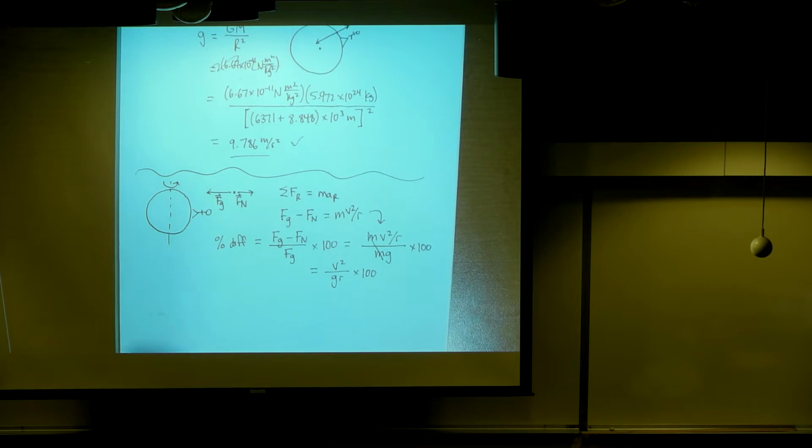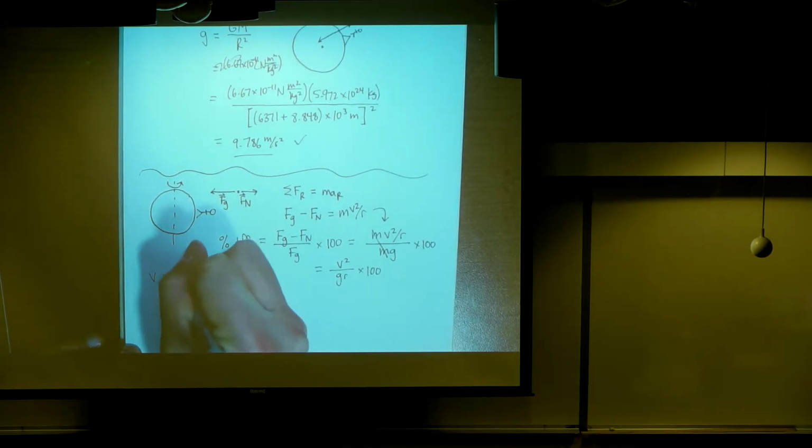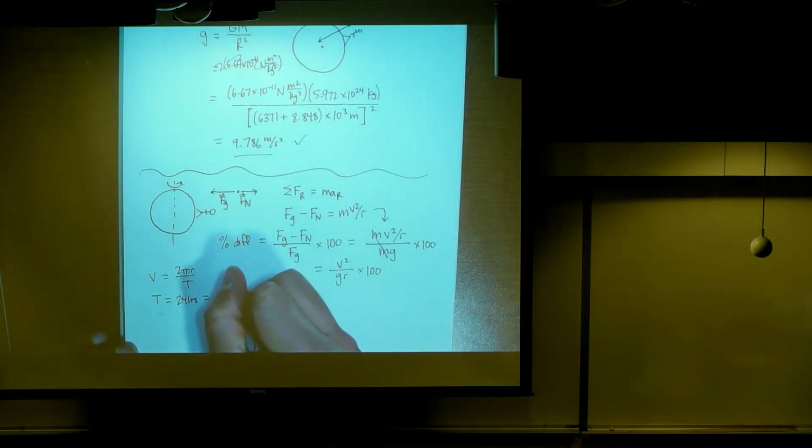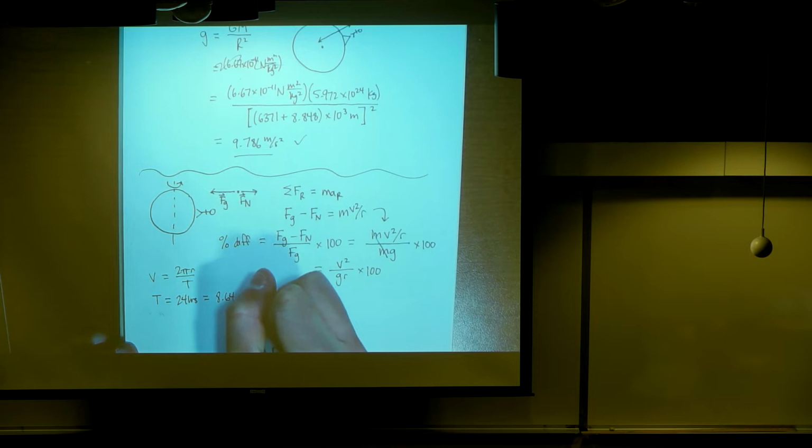So here, this is our side calculation. v is 2 pi r divided by t, and t is our period. That's 24 hours. We did this before, so I'm going to skip right to the answer. If you convert that to seconds, it's 8.64 times 10 to the 4 seconds. Basically, just multiply by 60 twice to get to here, okay?